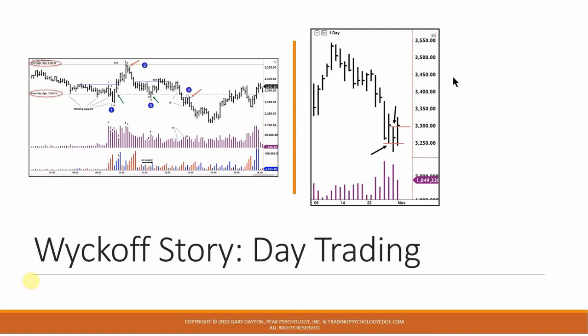Sometimes we'll get clustering of closes, shortening of the thrust. There's no specific pattern that we're looking for. It's assessing the supply and the demand through the price and the volume at key areas of structural support. That's what we're talking about here.